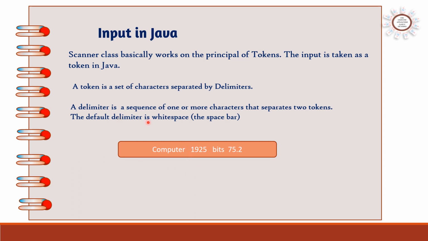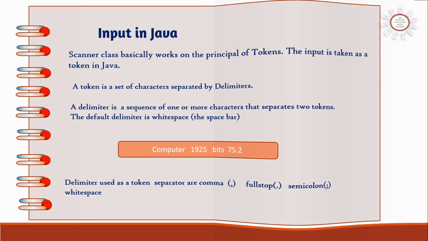The default delimiter is white space. And whatever things can be used as a delimiter, we can use comma. Comma can separate two words or two tokens. Full stop also can separate the words. Semicolon and white space. So all these things can be used as delimiters in the Scanner class.